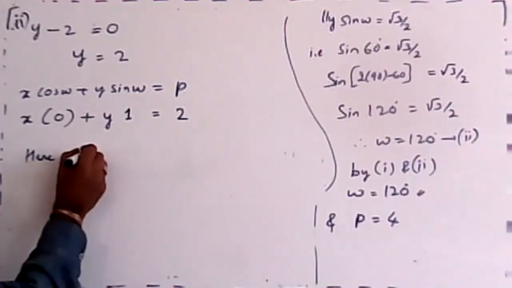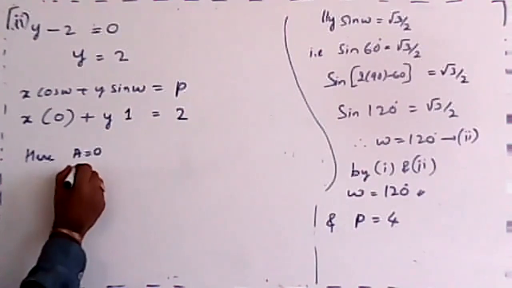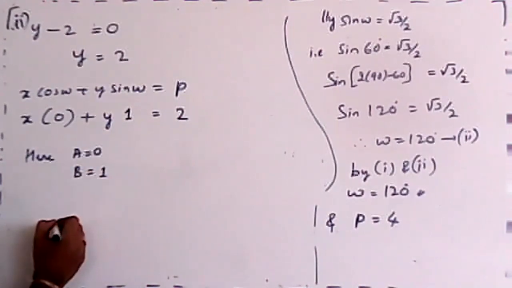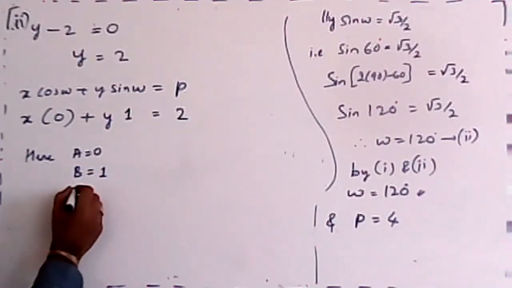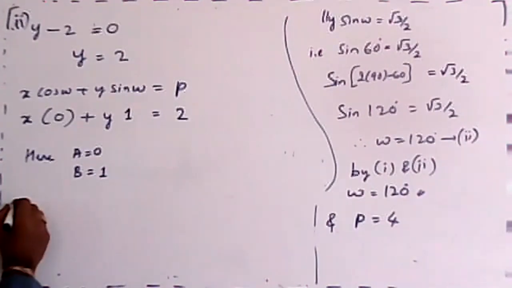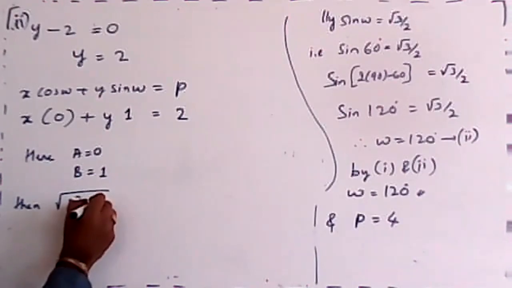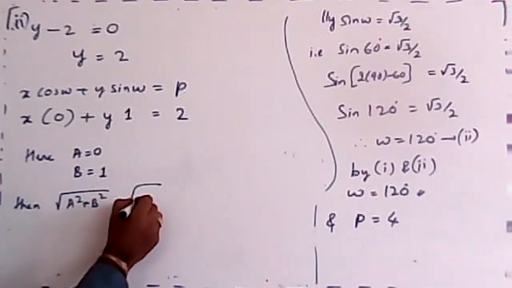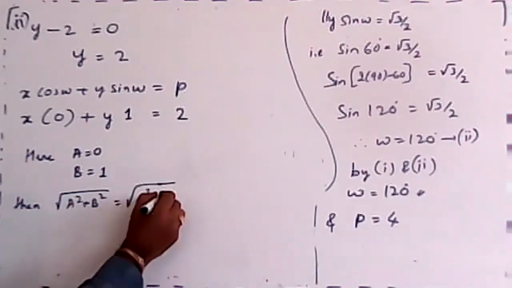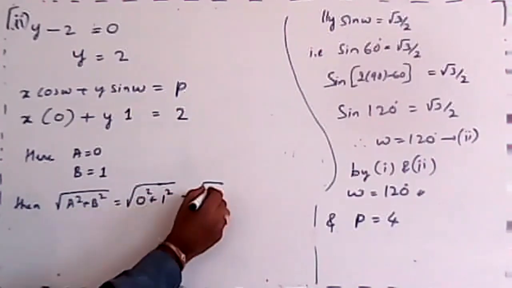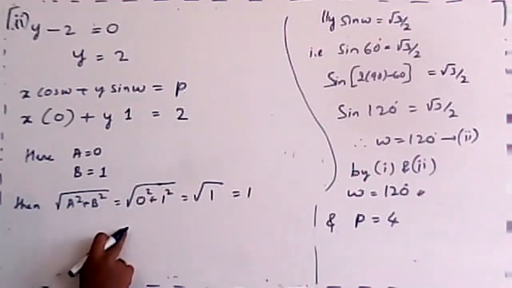Here a is equal to 0, b is equal to 1, and let me find root of a square plus b square, which is 0 square plus 1 square, root of 1, nothing but 1.